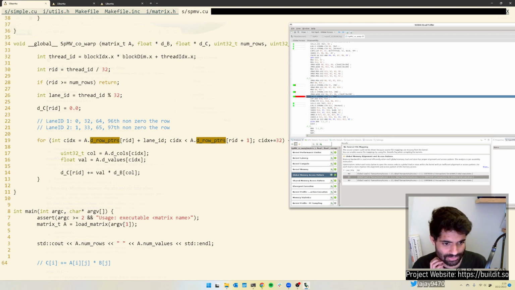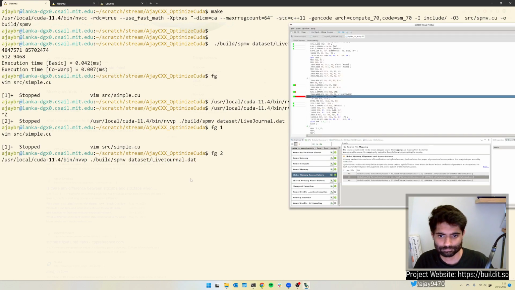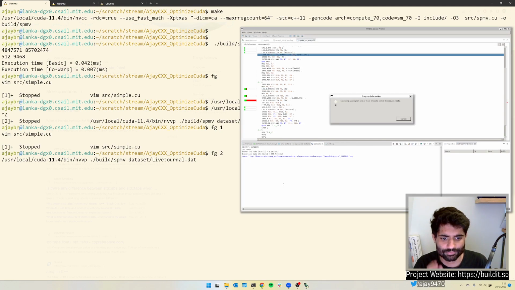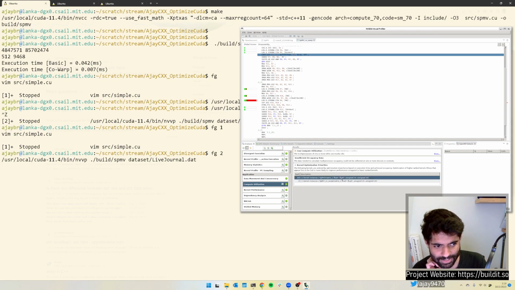What is the utilization of this kernel? I need to go back. Compute utilization for this new one. It's still bad.